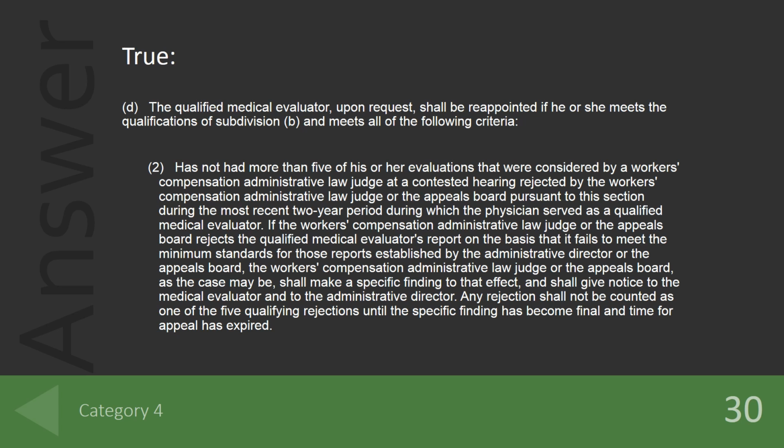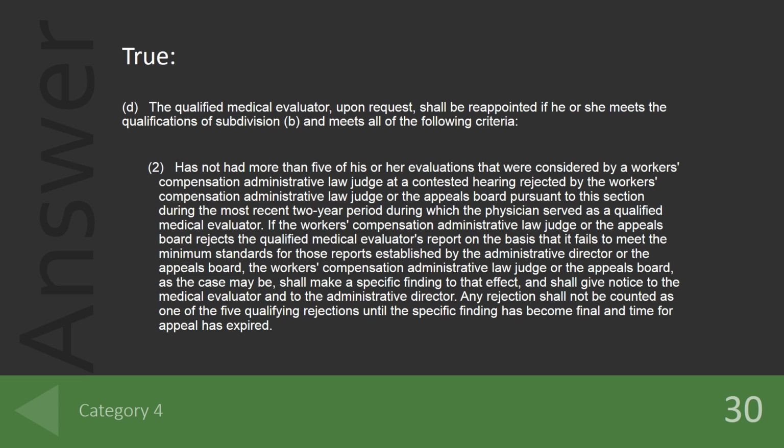If the workers' compensation administrative law judge or the appeals board rejects the QME's report on the basis that it fails to meet the minimum standards for those reports established by the administrative director or the appeals board, the workers' compensation administrative law judge or the appeals board, as the case may be, shall make a specific finding to that effect and shall give notice to the medical evaluator and to the administrative director.